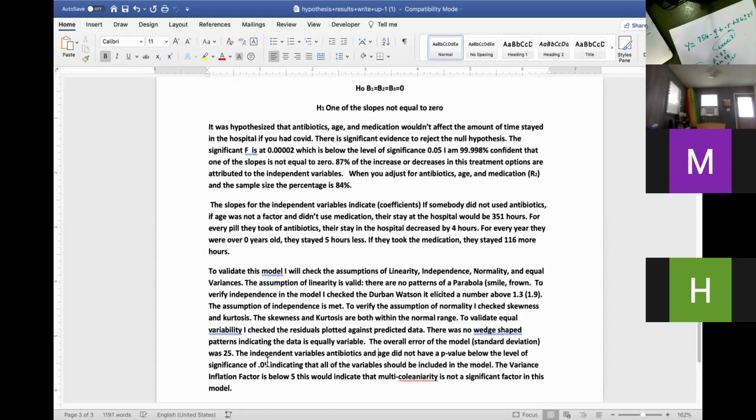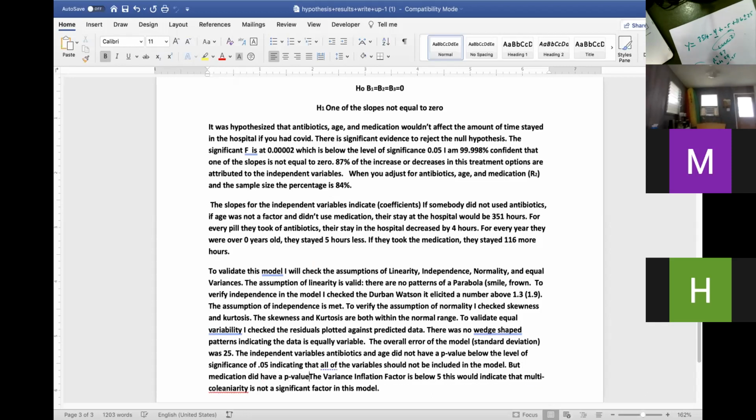So you need to remove those. So they should not be removed because they should not be included. Right? So those variables should not be included. But medication had a p-value below 0.05.